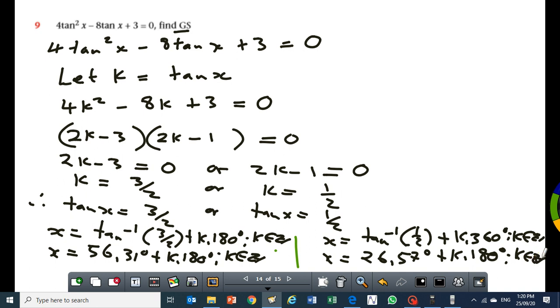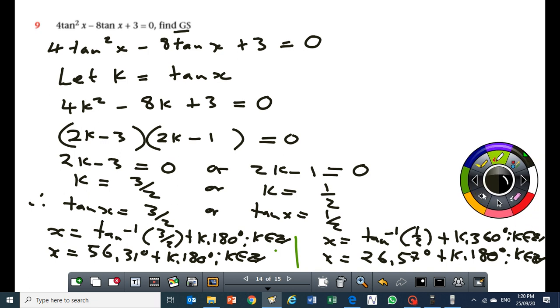Okay? Oh, it's a mistake, this is supposed to be 180, so that's 180 degrees. So this is your second general solution. This was the first one.